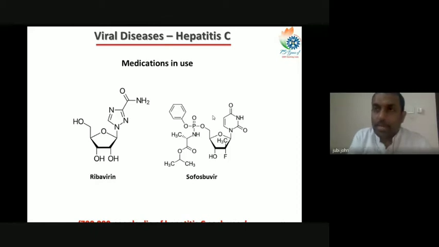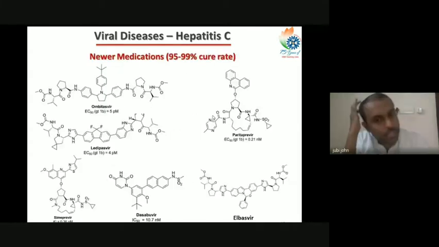In India, the company which developed this drug, Gilead Pharma, has introduced a generic version which still costs 20,000 rupees for one treatment regime, which still is quite expensive for our Indian population. And these are the newest drugs which are available for the treatment of hepatitis C. And again, I want to say that none of these are available in our country.